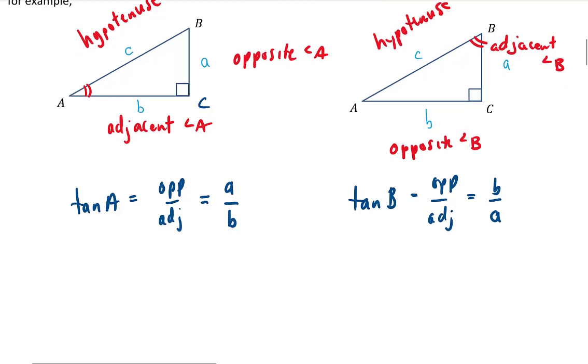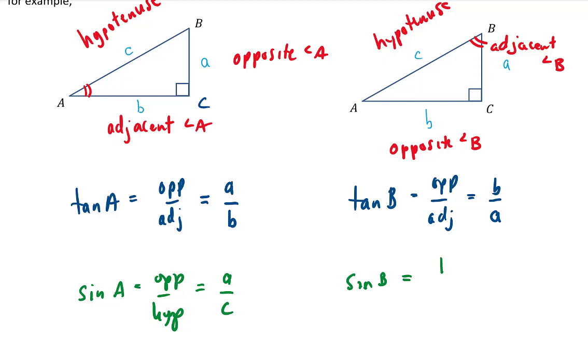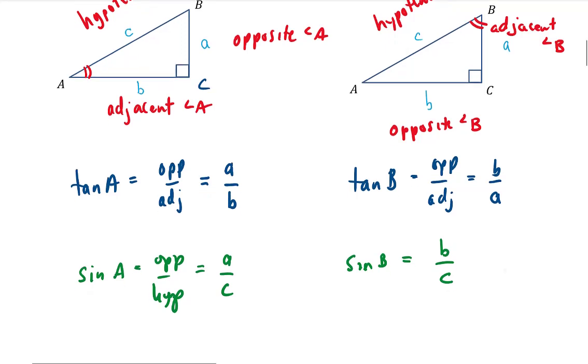So next we can do the sine. The sine of angle A is the opposite over the hypotenuse. And if we look at the opposite side to angle A, that's a. The hypotenuse is c, so this is a over c. And if we do the sine of angle B, well, that would be b. Opposite B is side b divided by the hypotenuse, which is c.